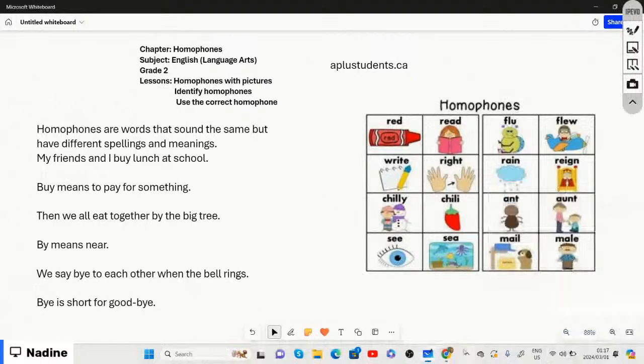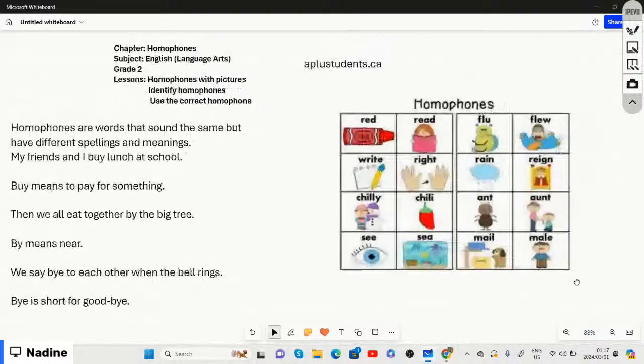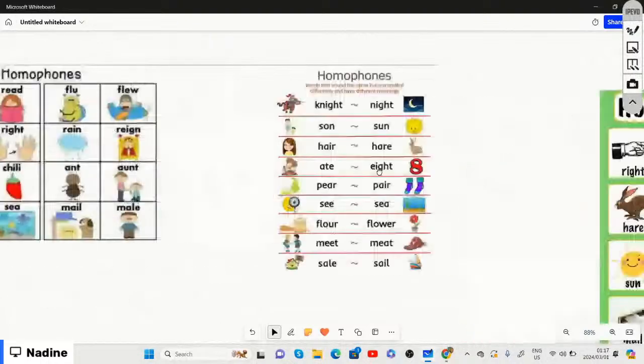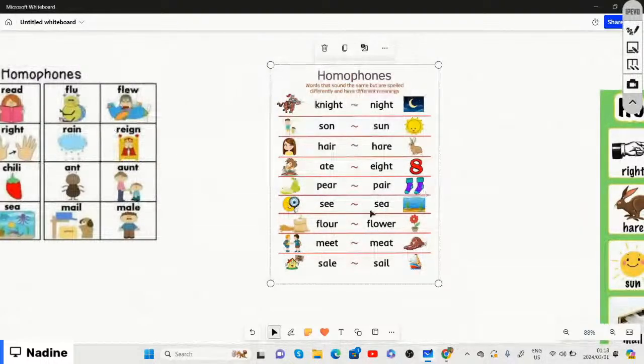So the words sound the same, but the spelling as well as the meaning of these words are different. And here we once again have examples of homophones, where the words sound the same, but they are spelled differently, and they also have different meanings. So there are actually a lot of homophones, right?